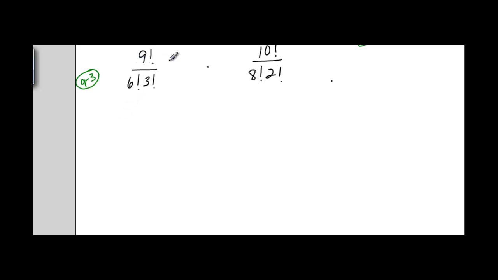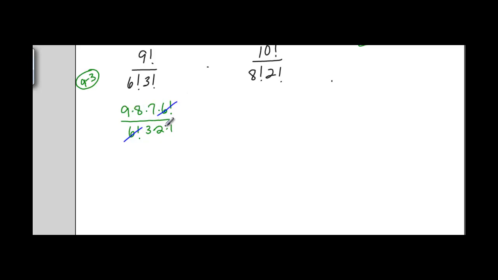Okay. So one way that I can simplify this, if I start to write out 9 factorial, that would be 9 times 8 times 7 times, and I'm going to stop at 6. Instead of writing 6 times 5 times 4 times 3 times 2 times 1, I'm going to leave that as 6 factorial since I know that I have a 6 factorial in the denominator. So that 6 factorial will cancel out with the other one. I have also a 3 factorial, so 3 times 2 times 1. When I go to cancel this out, I can cancel out a 6 factorial from the numerator and denominator.